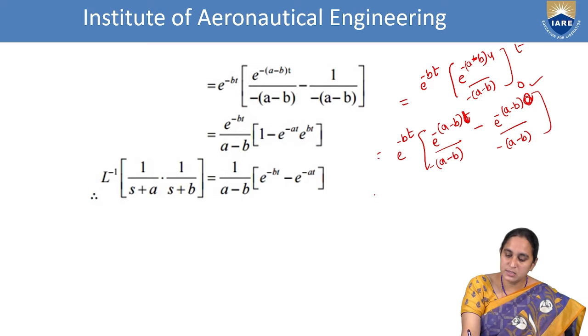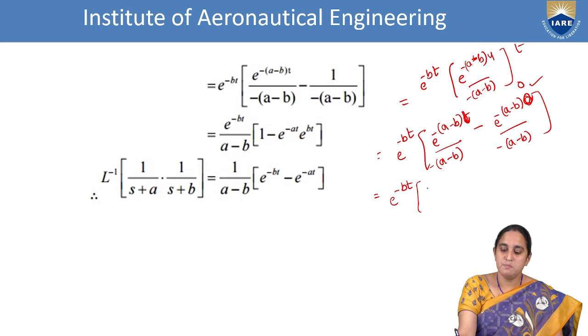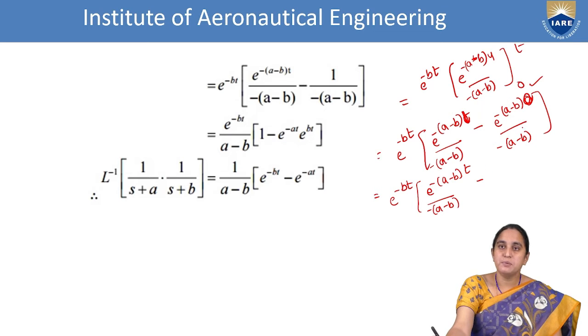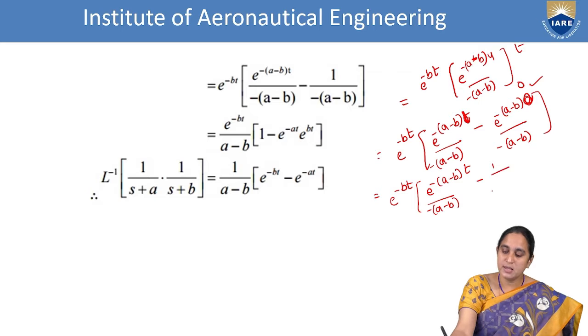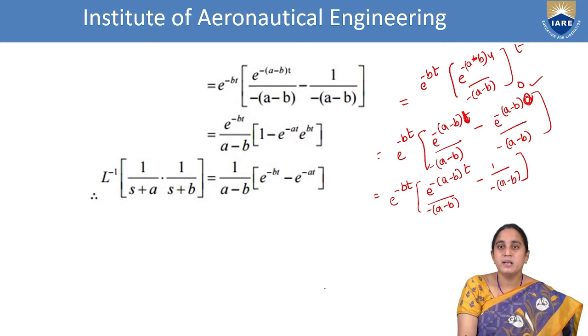After that, this is e power minus bt into e power of minus a minus b into t by minus of a minus b. Here once you observe, e power 0 form, the numerator is in e power 0 form. Therefore, what is the e power 0 value? 1. That is 1 by minus of a minus b.